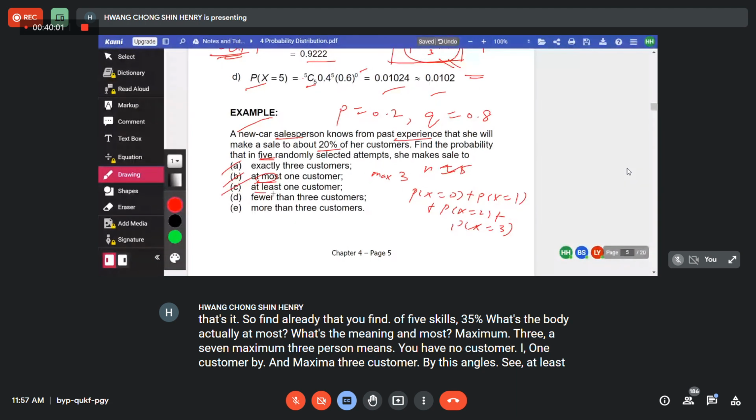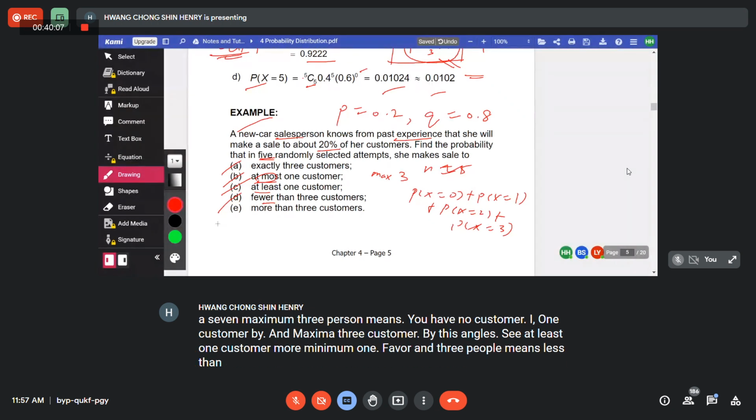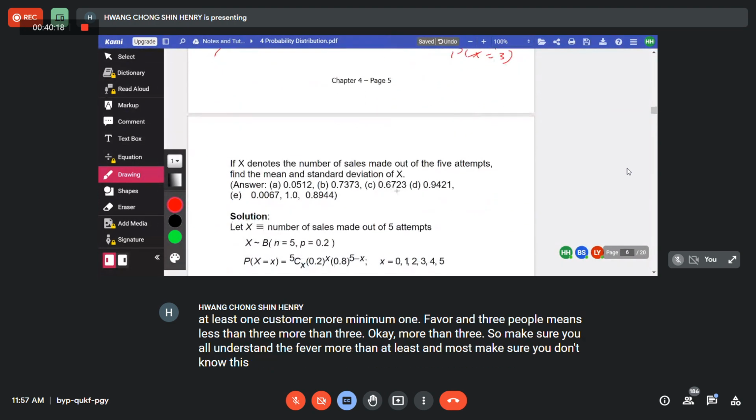See, at least one customer, minimum one. Fewer than 3. Fewer means less than 3. More than 3. Okay, more than 3. So make sure you all understand the words fewer, more than, at least, and at most. Make sure you don't confuse yourself.